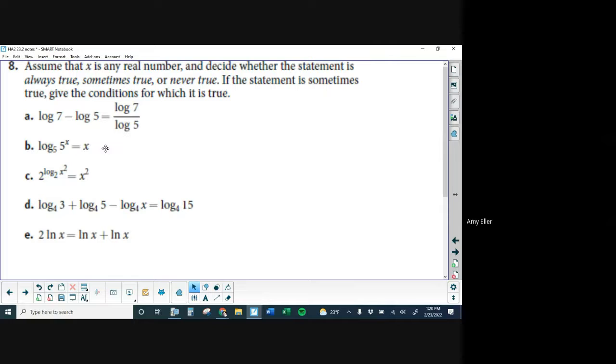Skipping C, that looks hard. No calculator. You literally forgot the part where it says no calculator.